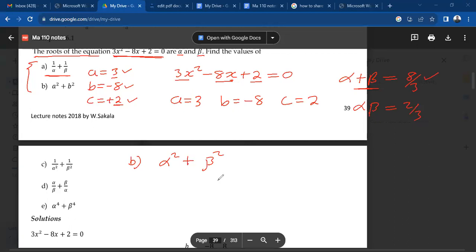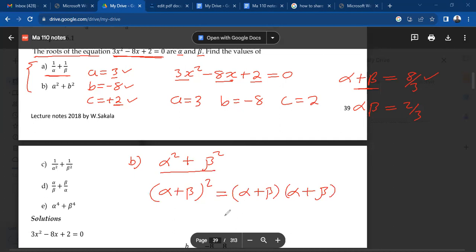So for you to get this, I want to deduce this. I'll get alpha plus beta, square it, then expand that. So to expand alpha plus beta, you expand it in this way, alpha plus beta multiplying with alpha plus beta.